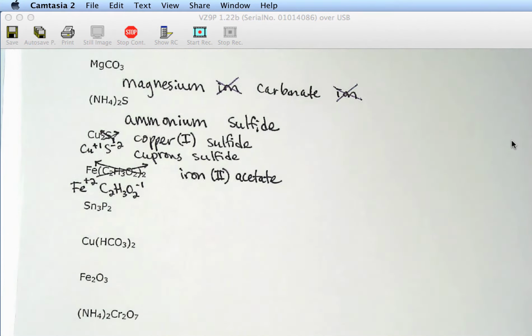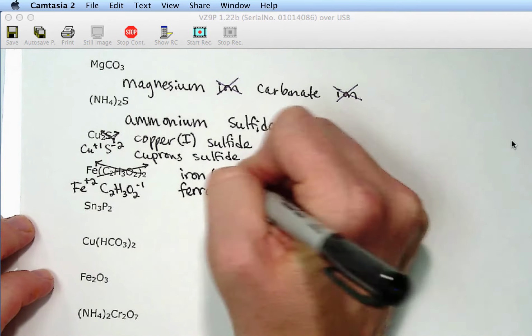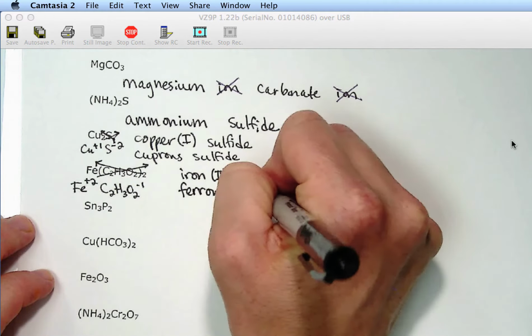So ferrous or ferric? Ferrous, yes. Ferrous acetate.